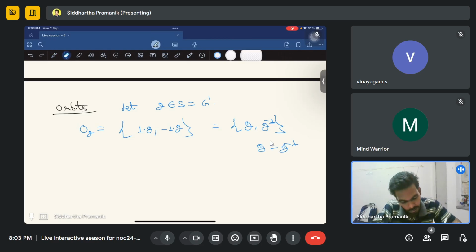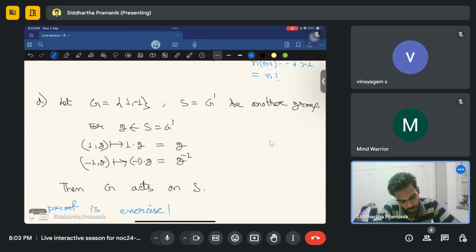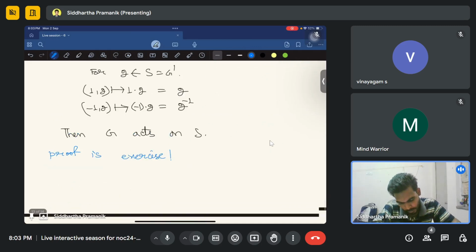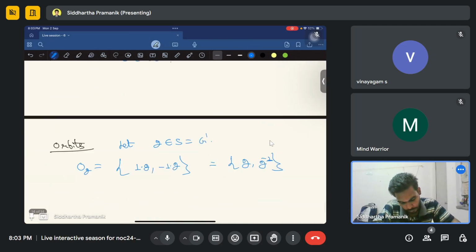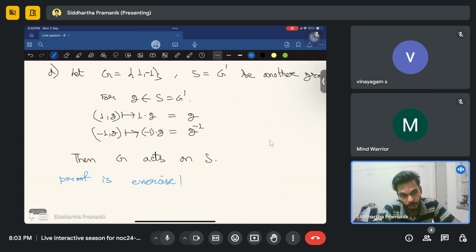It may not be a doubleton. So this group action is useful. So maybe in the next session I will do some application of this group action. So now you will not be able to realize the importance of this group action, but maybe later.